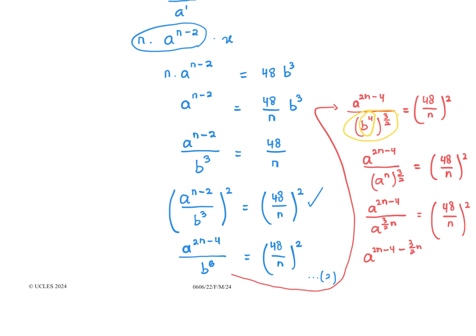Remember index rules? Yeah. So finally, my left hand side, a to the powers of 2n minus 3 over 2 n, which is 1 over 2 n, minus 4, is equal to 48 over n to the powers of 2. Can you see it's shown now?